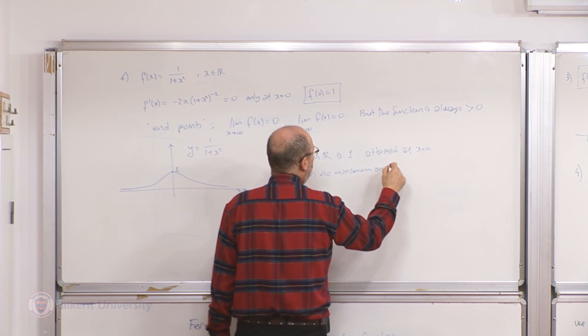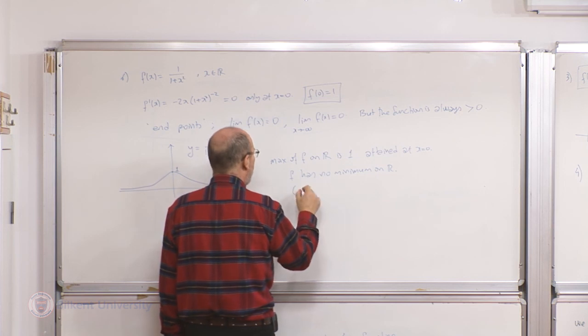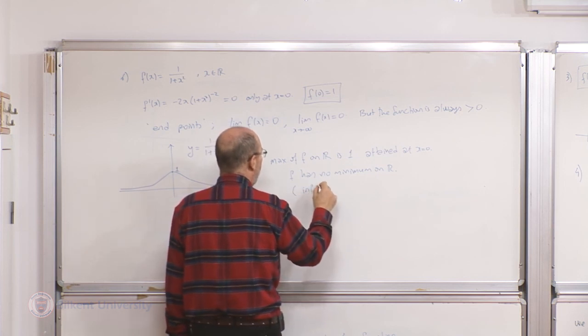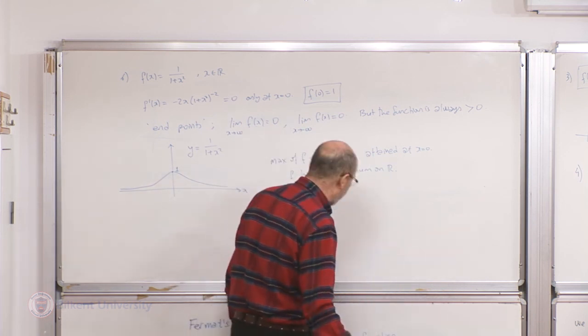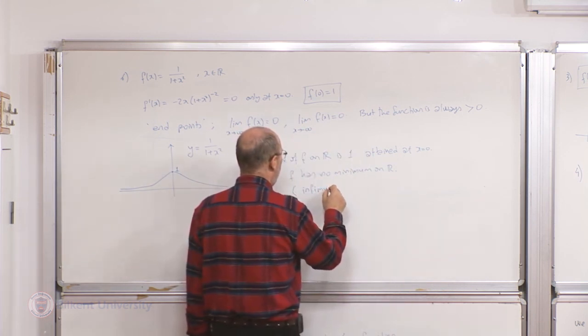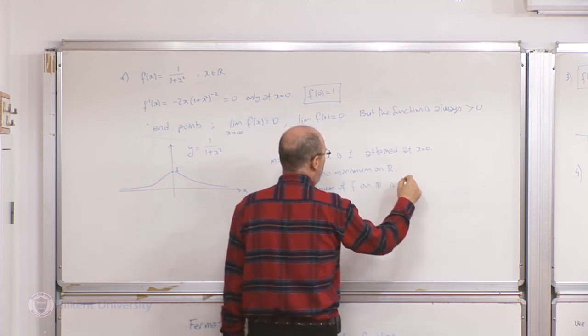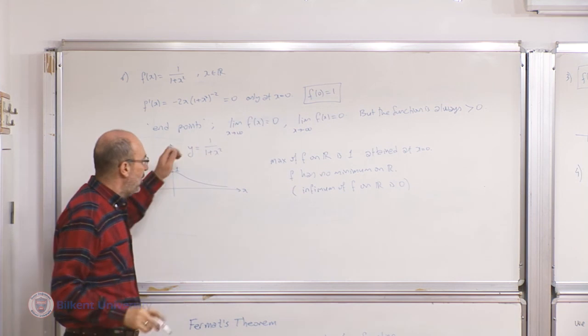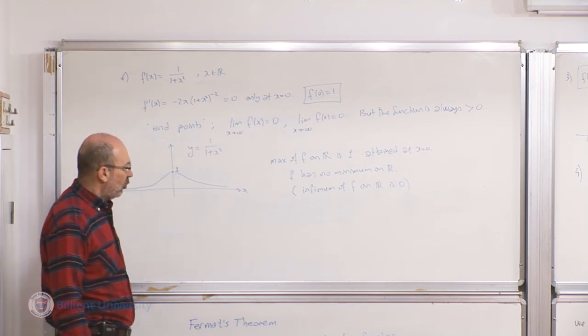on R. Okay, so if you want to use the terminology here, infimum of f, or maybe I write it in words, infimum of f on R is 0. Okay, because you see 0 is a significant number here. That's the function approaches 0.